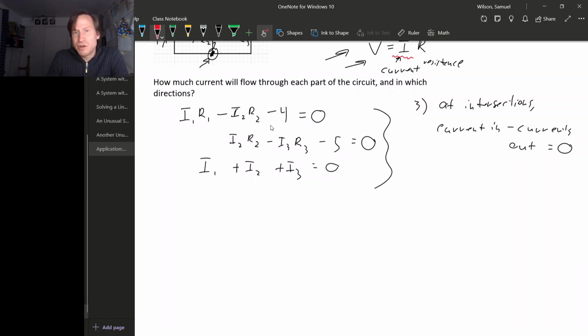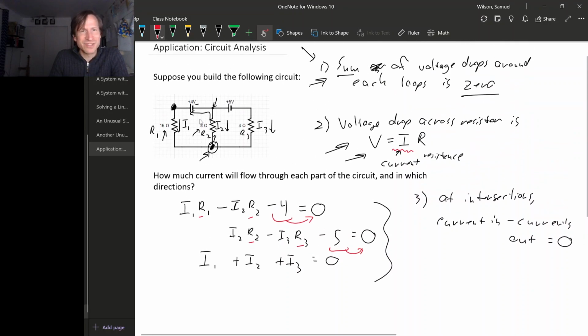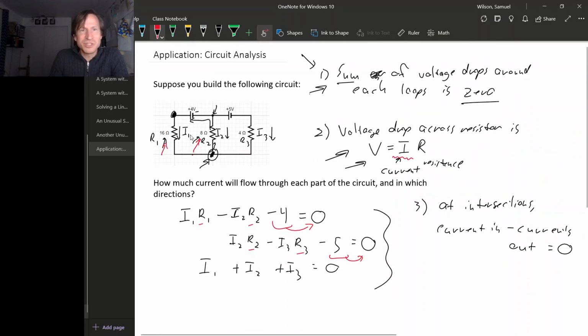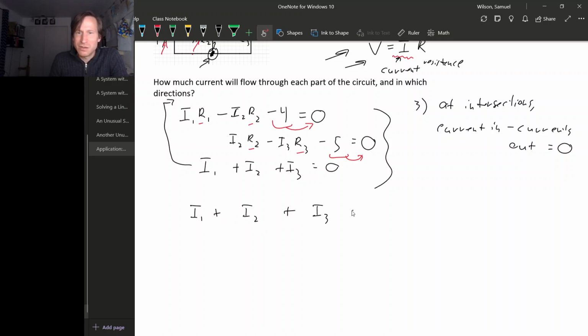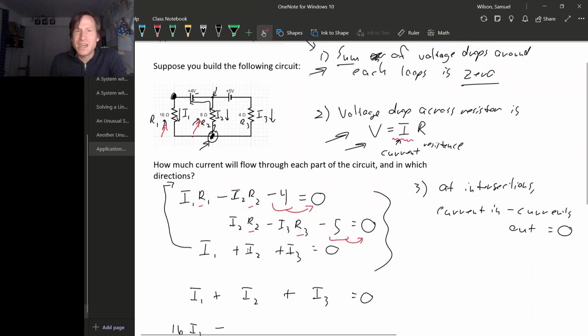The first thing that we should do, though, is move our constant terms to the other side. And also, remember all these resistance values. We have actual values for these resistances up here, so we should actually put those in. I'm going to take this equation that we wrote down last and put it first. So we get I1 plus I2 plus I3 equals 0. And then for the second equation, R1 is 16, so we get 16I1 minus R2 is 8, I think.